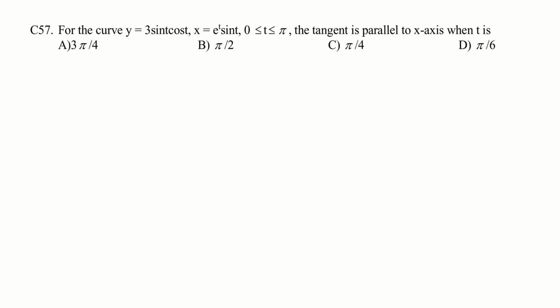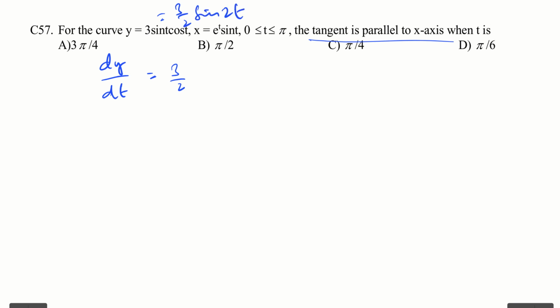So in this problem we want the tangent to be parallel to x-axis, means slope of the tangent must be 0. Let's first go for slope of the tangent, dy by dx. Dy by dt is equal to, y is 3 by 2 sine 2t I can write.